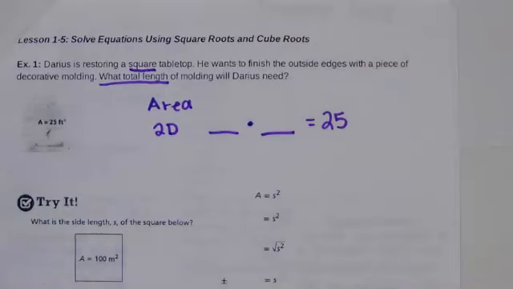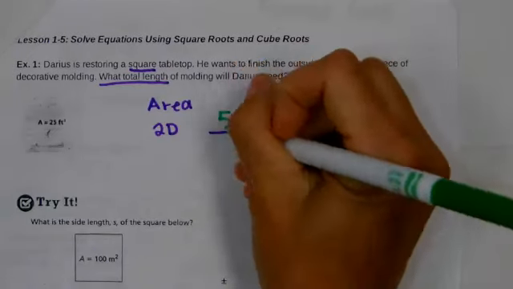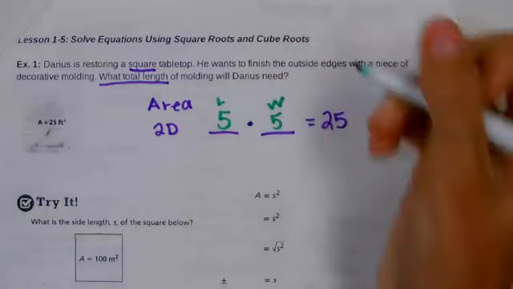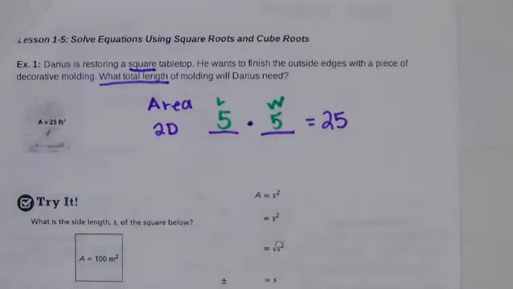So the first thing we need to do is figure out that square root. Raise your hand if you know what number times itself is going to give us 25. Kamaria, go ahead. 5. That's right. So our length is 5 and our width is 5, right?